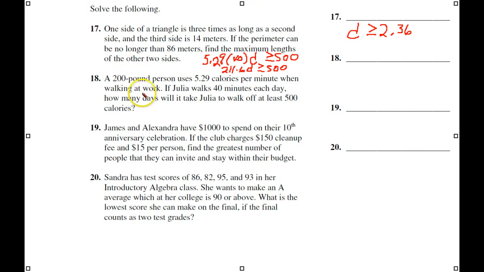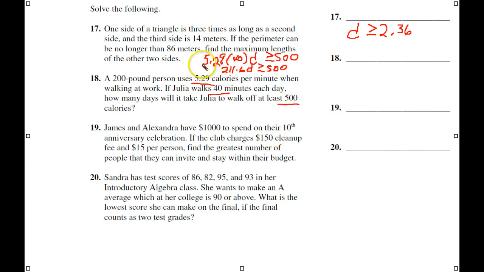Okay, this is kind of a two-part. A person who weighs this much uses this many calories per minute when they walk to work. If she walks 40 minutes each day, how many days will it take her to work off at least 500 calories?